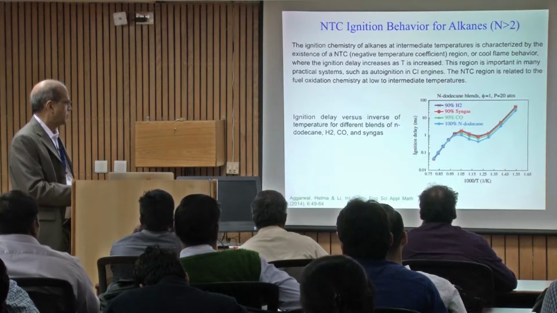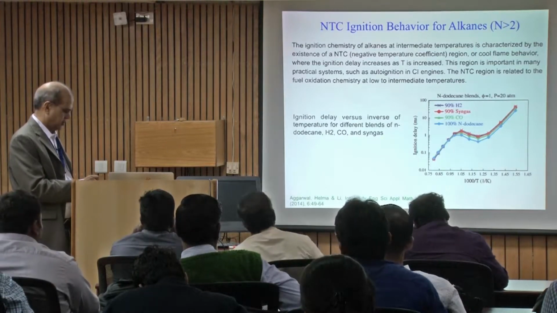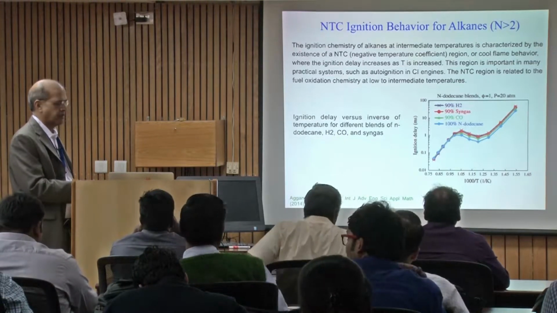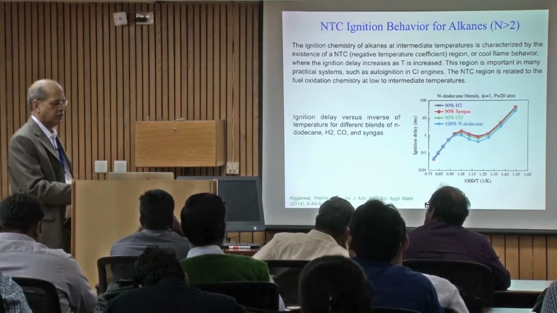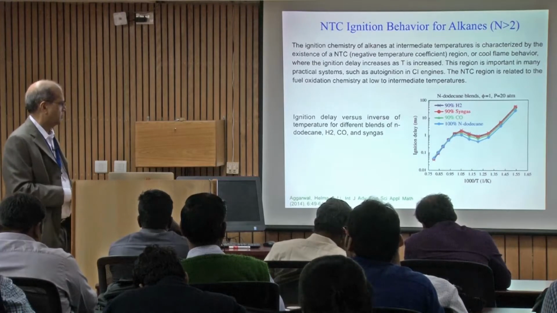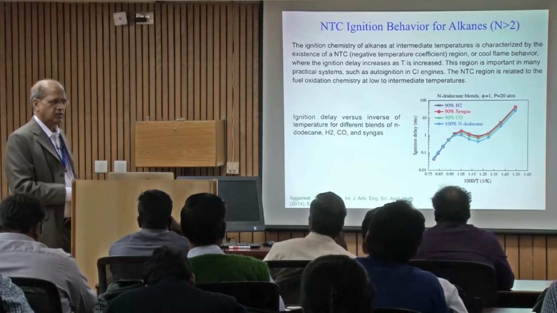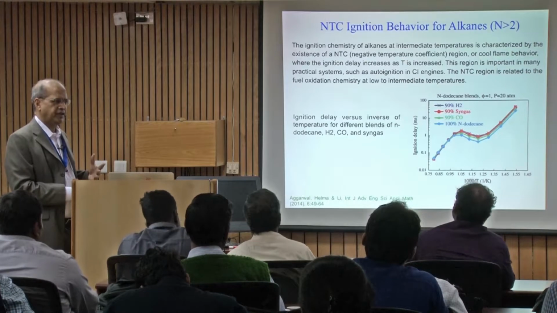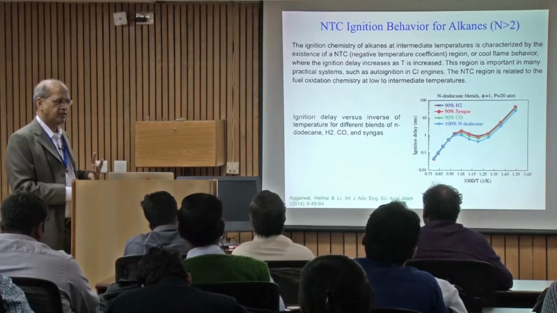If you do this for methane, you won't see this. How will methane go? It will go straight up, monotonically increasing. Now it has become a very accepted thing, but what is the important point?